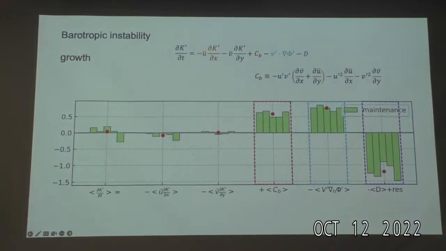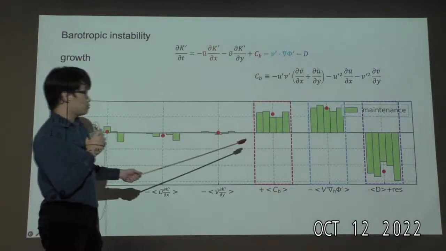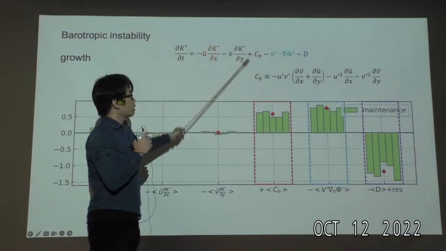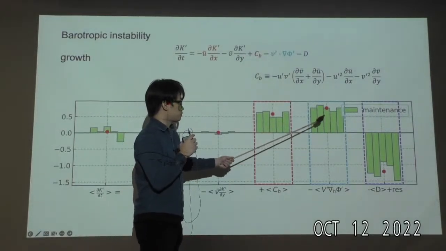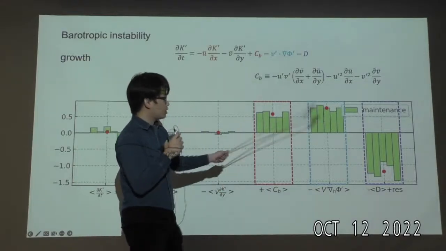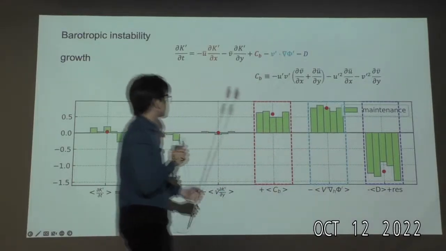So after looking at the propagation, we should look at the growth features. The major contributors to the growth are the barotropic term, the geopotential contribution, the work done by the geopotential, and the dissipation term.